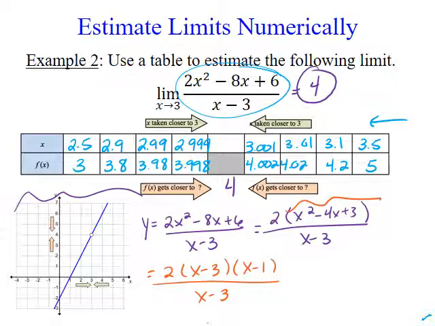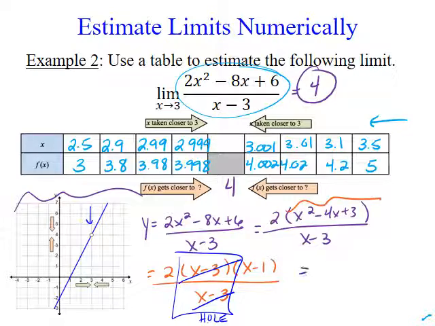And you should notice that the x minus 3's cancel. And hopefully from your previous math classes, you know that when these factors cancel, you're left with a discontinuity that is a hole. So there is a hole at x equals 3, and sure enough, we have that illustrated here.